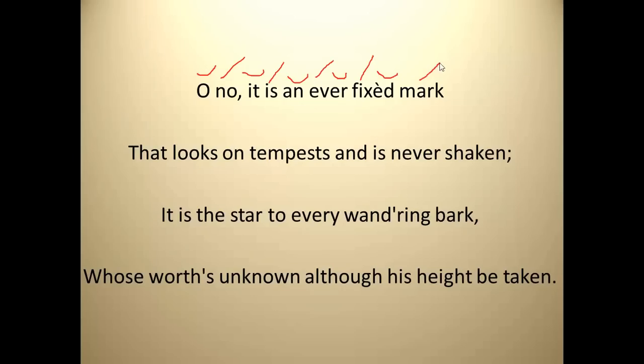In this case, it's important to notice the pronunciation of fixed. It is pronounced here fixed and has 2 syllables. The rhyme scheme, as it's the second quatrain, is C, D, C, D.